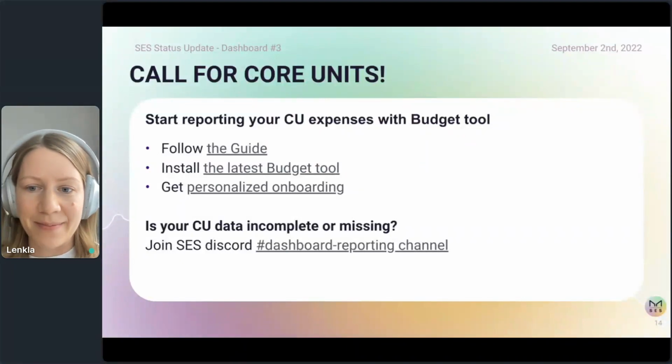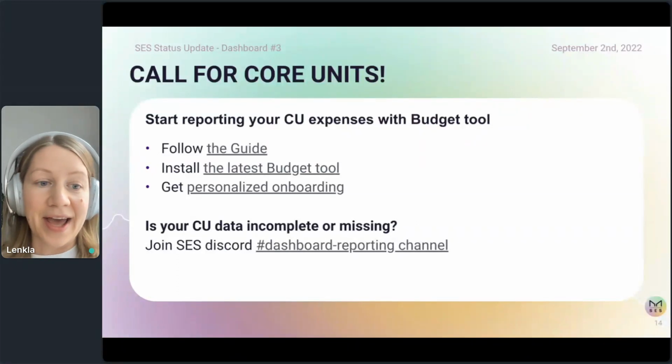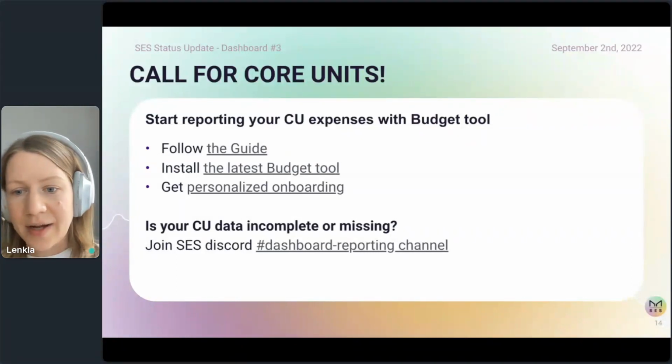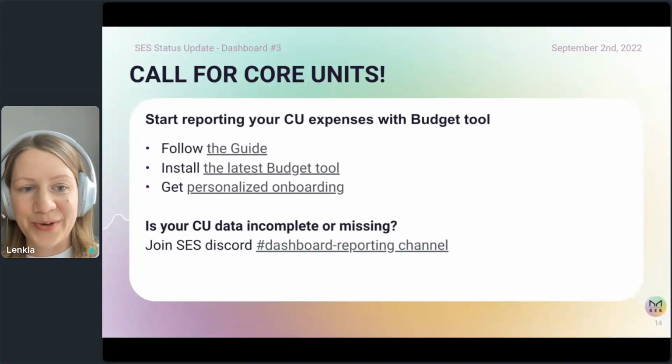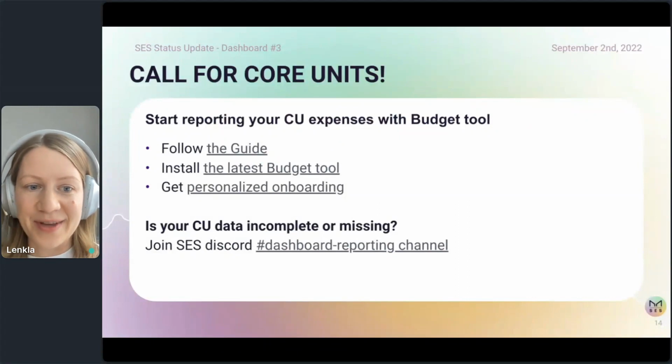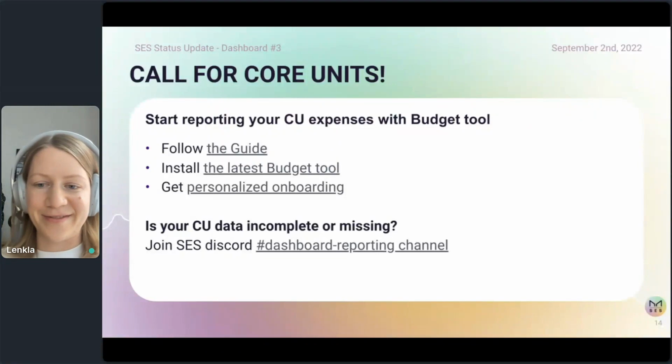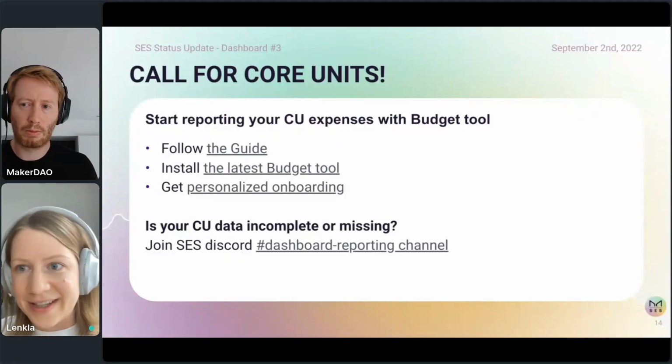So I'll be sharing a couple of links with you, and I'll be reaching out to these core units to ensure that we get the data completeness as soon as possible. If any of you find any incomplete information or something that is missing, we also appreciate if you let us know. We actually have a dedicated channel for this in our Discord, or we are available to be contacted via DM.